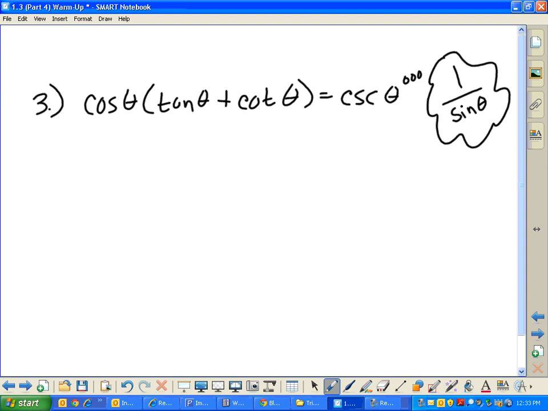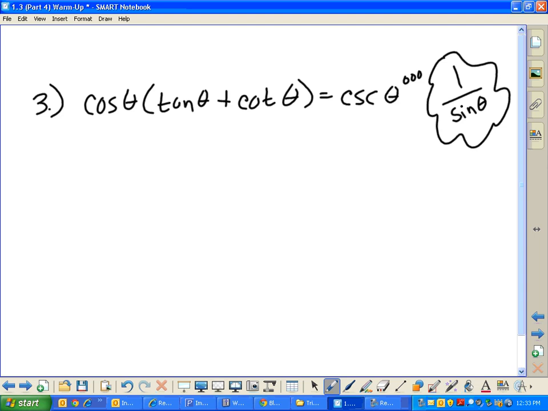That's the only thing I can get cosecant to be equal to. So what I more or less have to do right now is condense everything on the left side down somehow to simplify to 1 over the sine of theta.